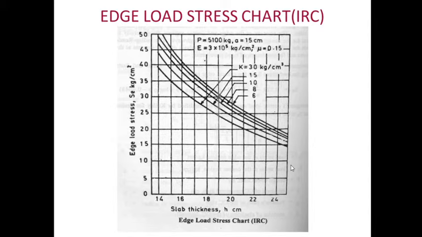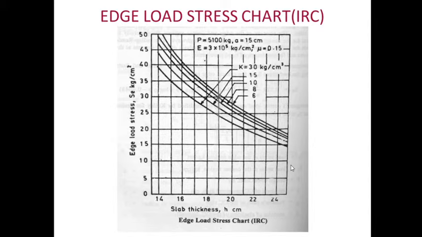Next you have to assume slab thickness of 25 and 27, and so on. So the design is by trial and error method. In the first trial, we are assuming slab thickness is 23 centimeter. In the second trial, we assume 25, 27, and so on, like that, increasing the slab thickness.